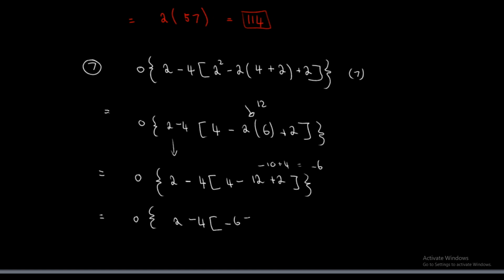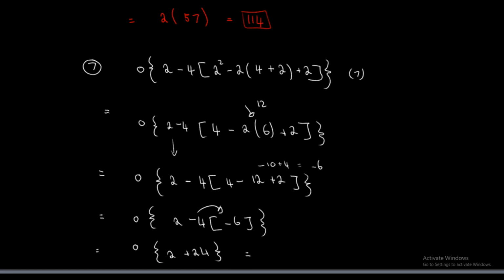So this is going to be negative 6, squiggly bracket. Then let me continue over here: 0, 2, and now we're going to distribute our negative 4 into the square bracket. So it's going to be negative 4 times negative 6, which is positive 24.